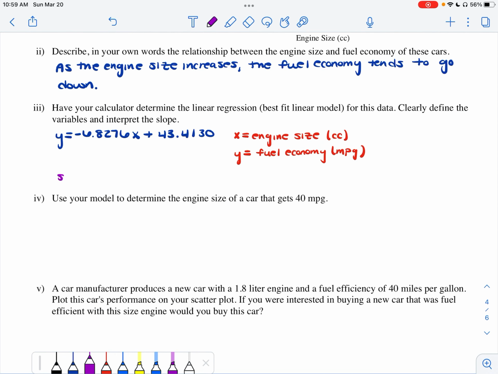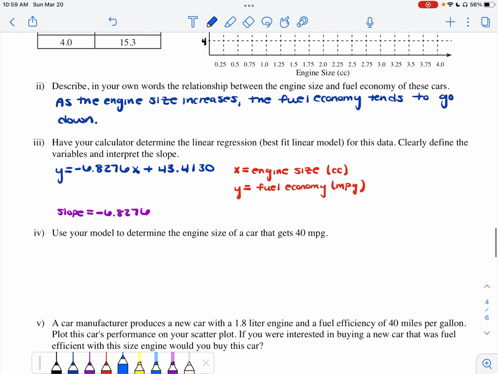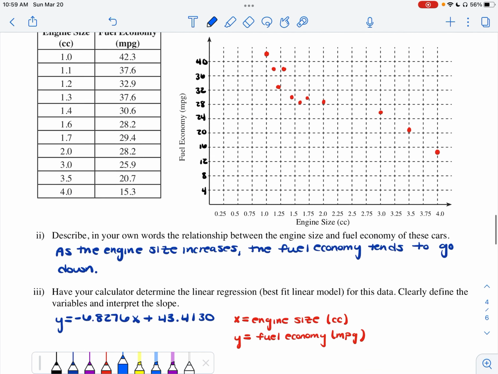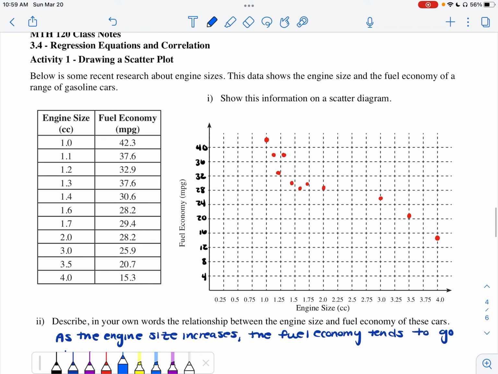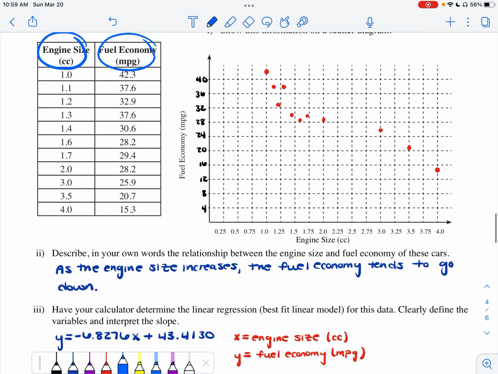So the slope of our line is the negative 6.8276. When you're thinking about slope, you always want to think about it as a rate of change. Slope is a measurement of y over x.